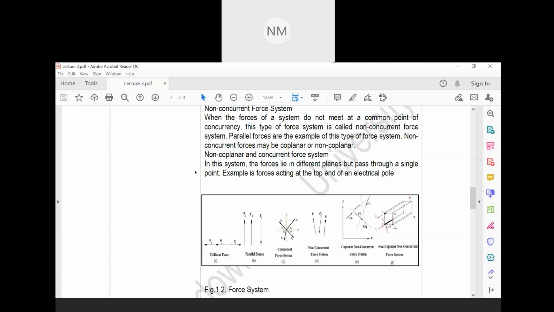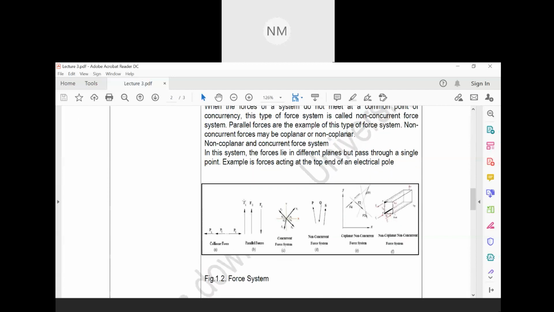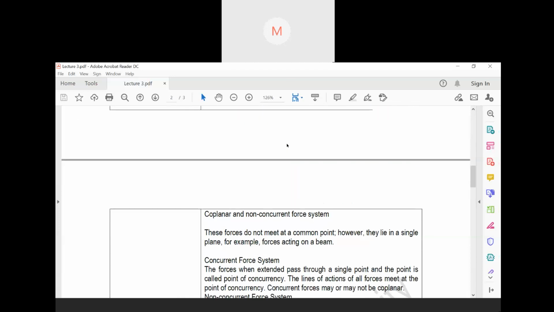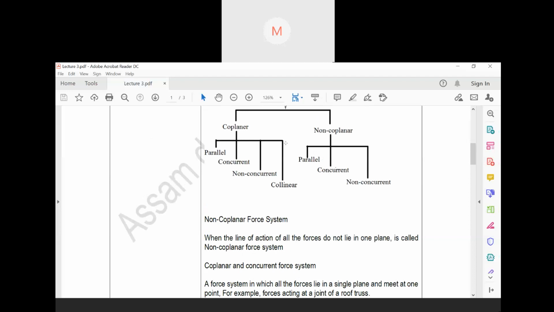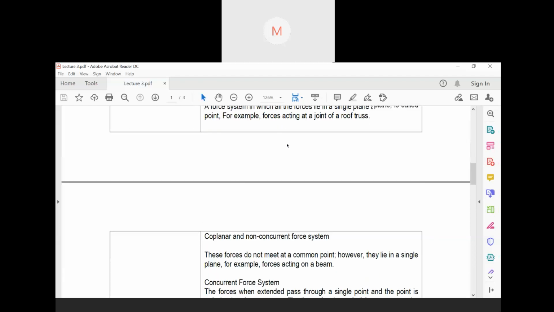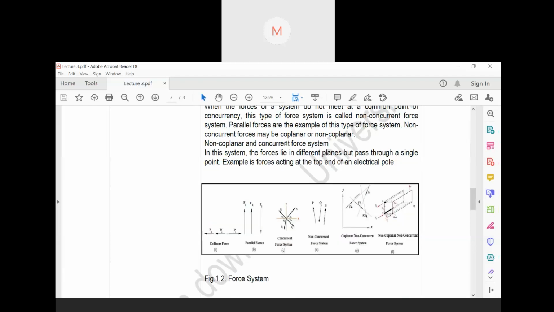Now look at this diagram. Are you able to see the diagram, students? This diagram, okay? Now if you see this diagram, look.